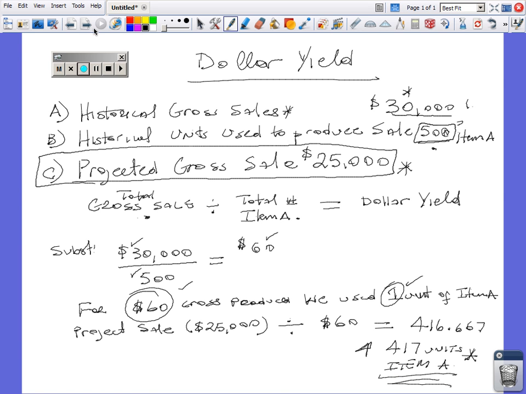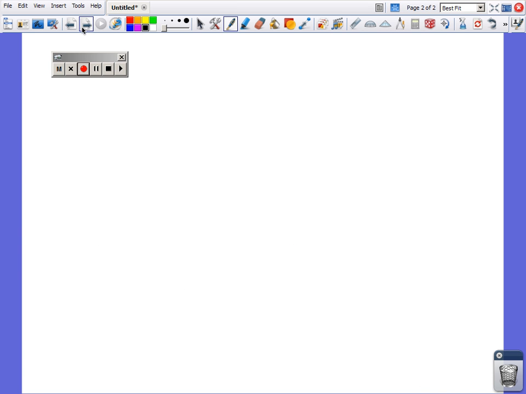Let's do another example. What we're going to carry over is our $60, which is our dollar yield. Let's take that over to a clean page. Our dollar yield from the previous page was $60.